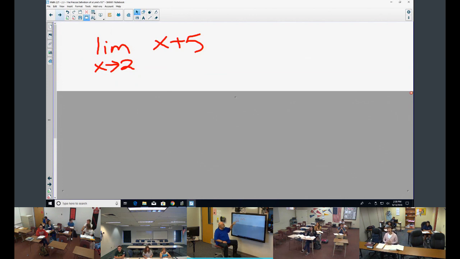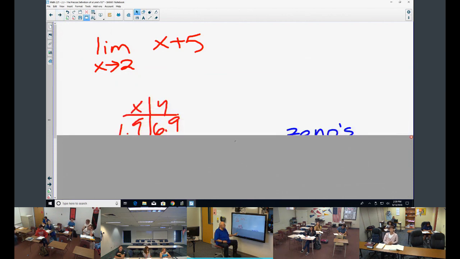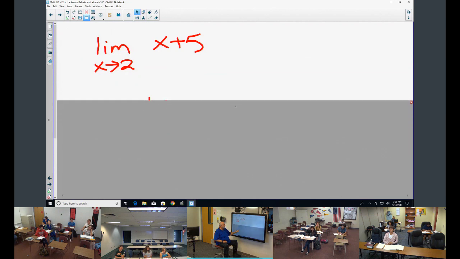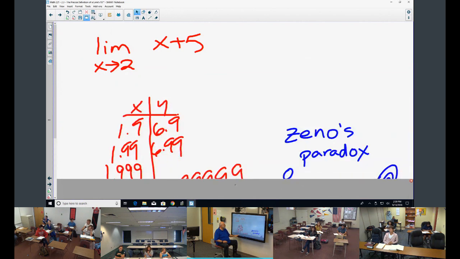And if you plug in 1.99, then this will approach 6.99. And so the limit is going to be 7, because we can get as close to that as we want, because we can get as close to 2 as we want. So 2 is like our target, our x sub 0, so we can get as close as we want.